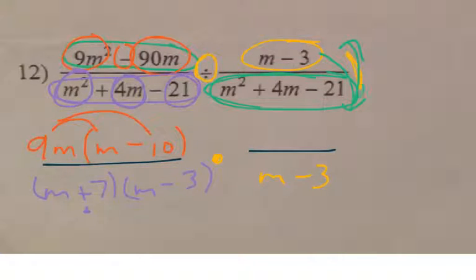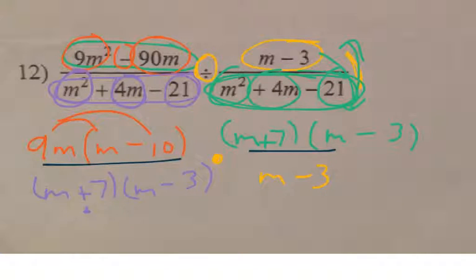So let's factor, again, that expression there. So we're going to go m times m to get m squared. We're going to do 7 times 3 to get 21. To get plus 4, we're going to do 7 minus 3. Now what can we do?